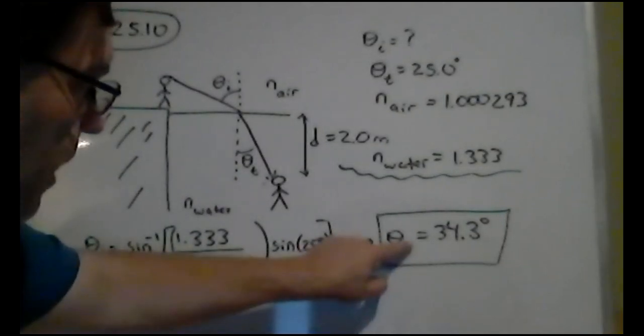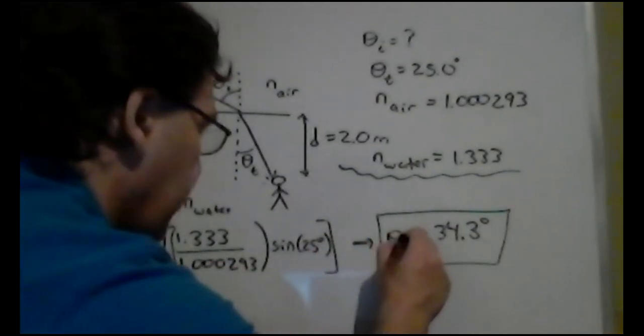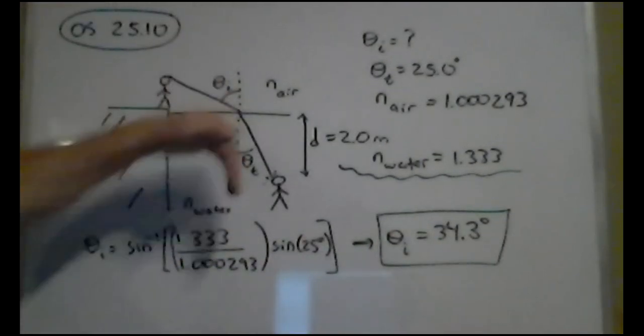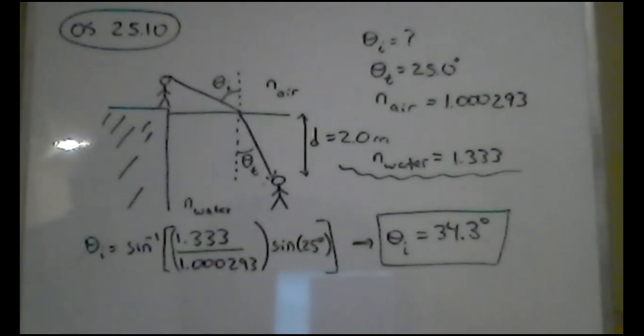And that's the incident angle to the instructor's face if I know that the refracted angle, or the transmitted angle, is 25 degrees. And that's an example of a refraction problem.